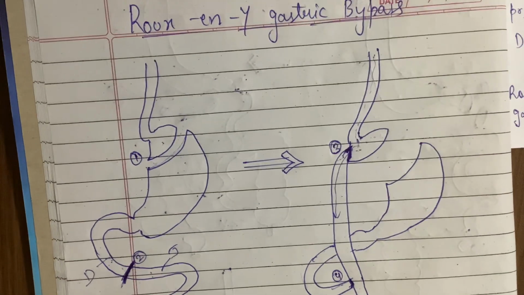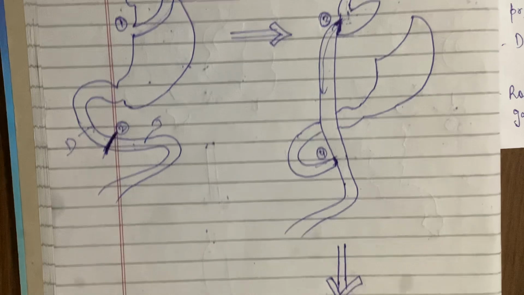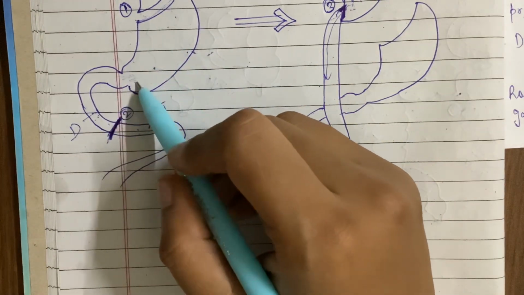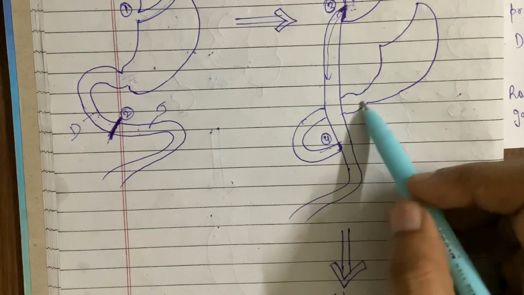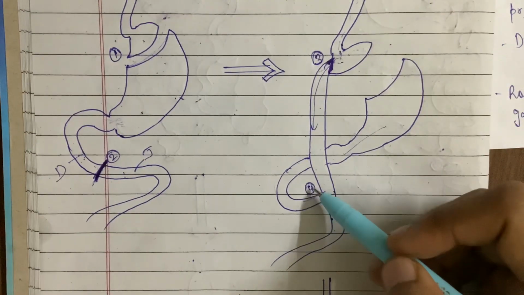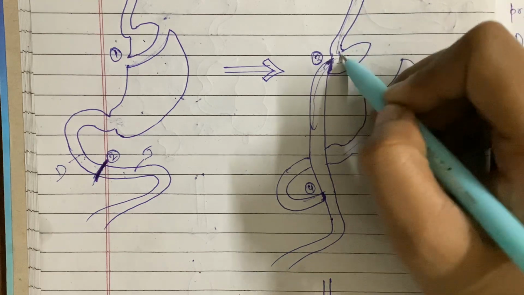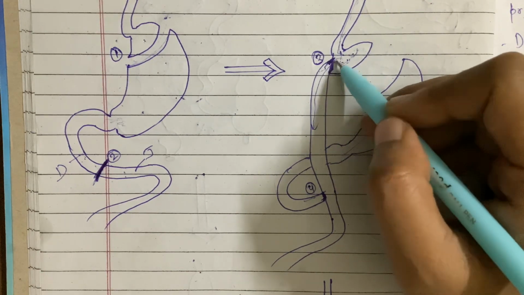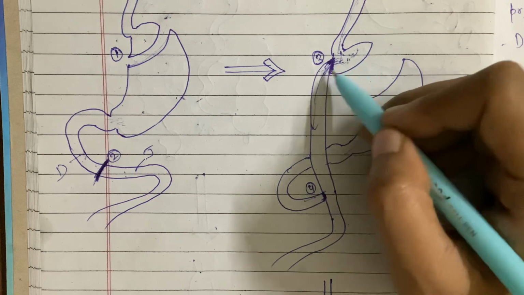As we saw in Roux-en-Y gastric bypass surgery, the stomach along with duodenum and along with the pyloric sphincter is taken away from the continuous GIT. So now whatever food we eat, it remains in the stomach for a very short duration because there is no sphincter between the stomach and the intestine.